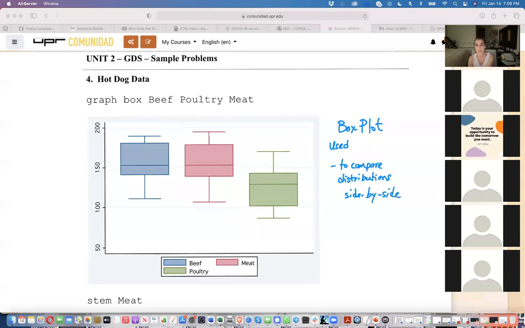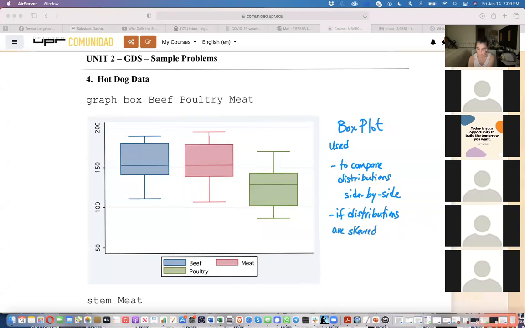To compare distributions side by side, you use them when distributions are skewed.